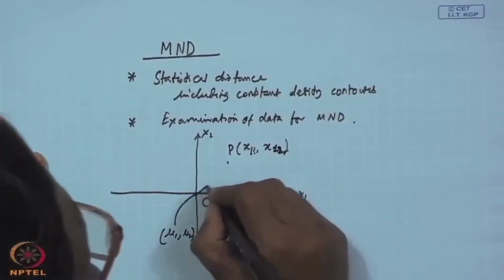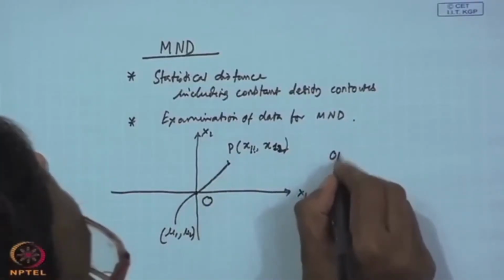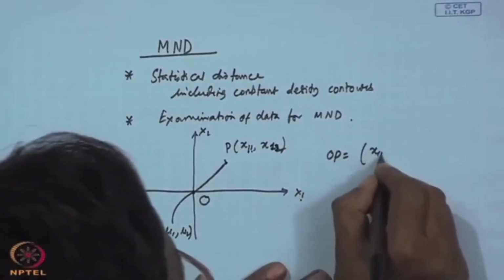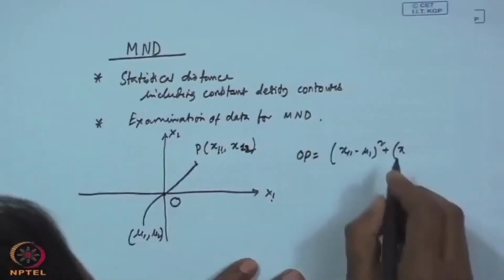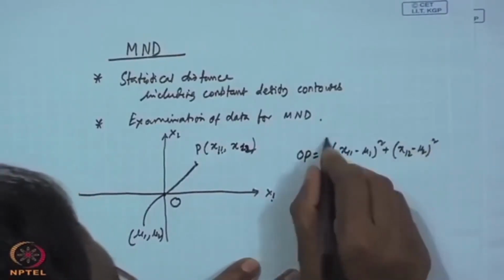Then the distance between these 2 points, OP, all of us know, is the square root of x 1 1 minus mu 1 squared plus x 1 2 minus mu 2 squared.